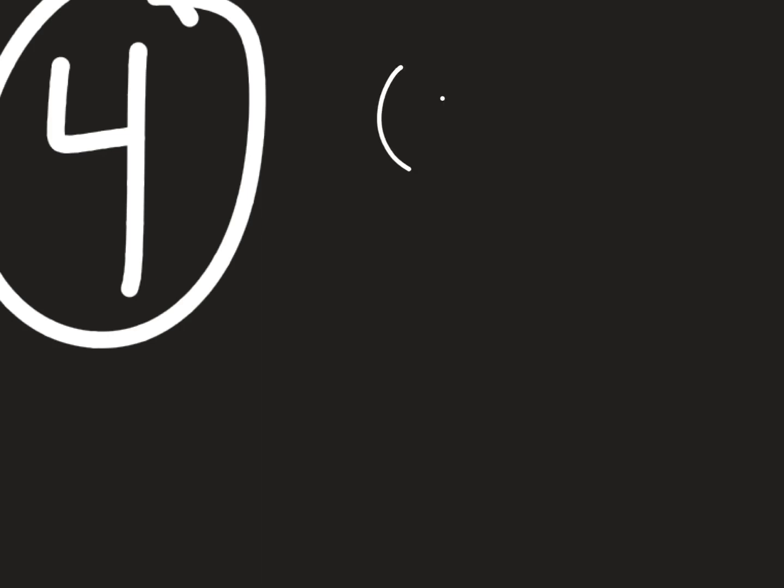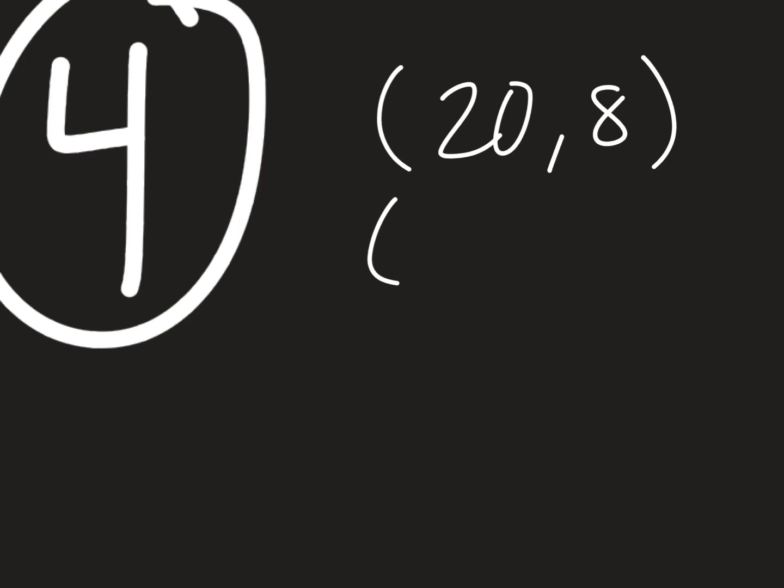So the points are 2, 8 and 9, 16. I think I did it wrong again. No, that was right. So it's subtracting? Okay. So put the 11 back because that was good. And then 8 minus 16. Remember, we always subtract.